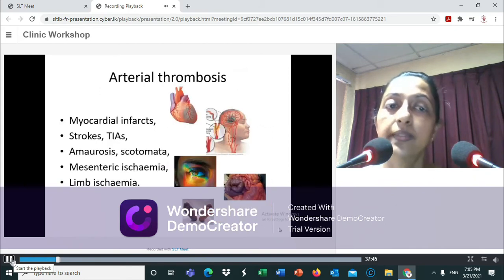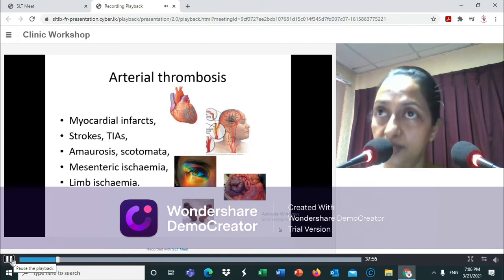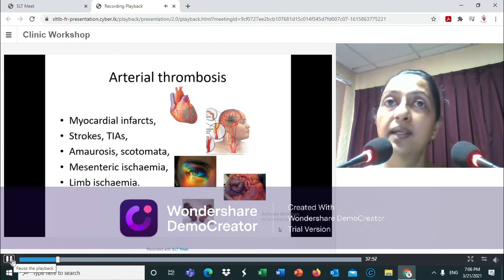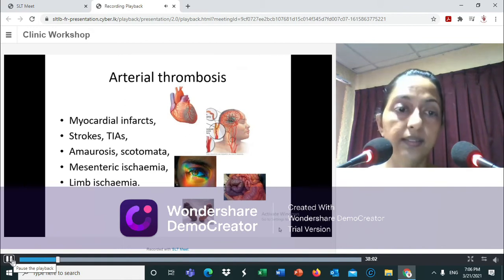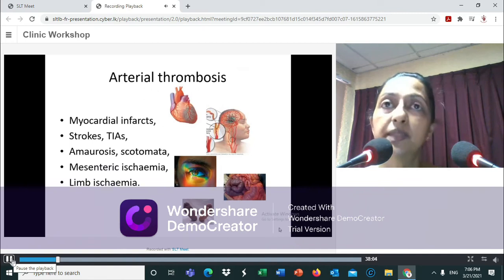They might present with myocardial infarction to the cardiology unit, or strokes and TIA to the neurology unit, then sudden onset blindness or scotoma, and they will present to the eye unit, or they might present to a general surgeon or vascular surgeon with dysentery or limb ischemia. Then you will diagnose and detect polycythemia vera.